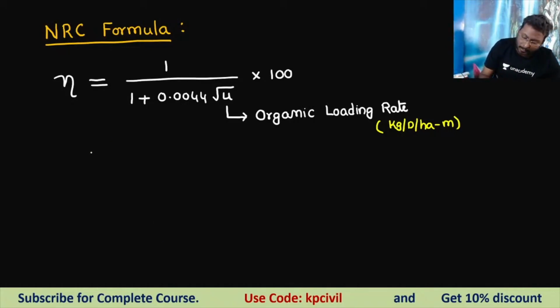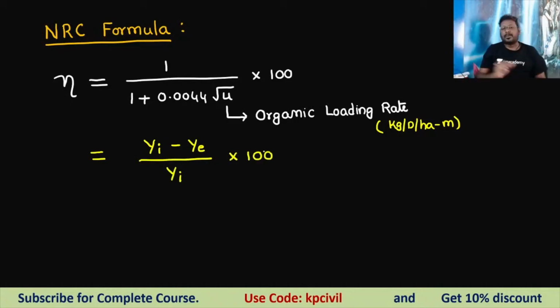The same formula you can equalize with the regular BOD removal efficiency, (Yi minus Ye) by Yi, influent BOD minus effluent BOD by influent BOD, into 100.